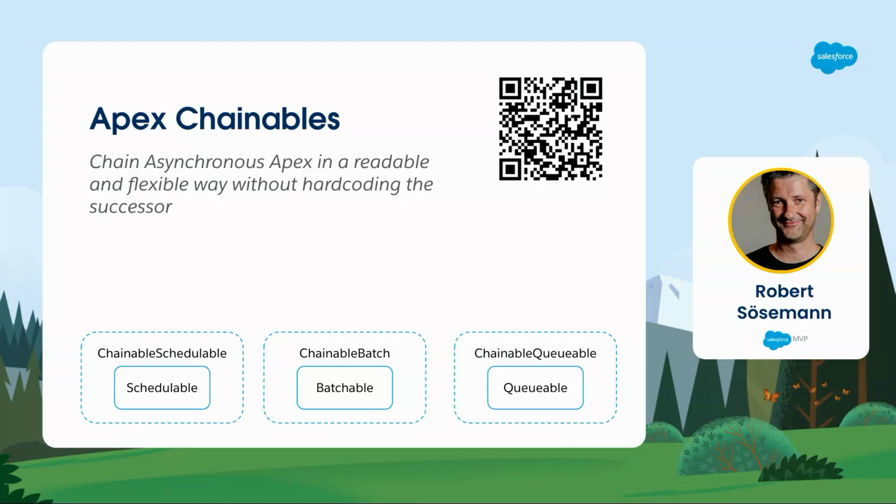One is to abstract the different ways of calling them. If you want to execute a batchable, you will call Database.executeBatch. If you're going to call a queueable, you will use System.enqueueJob. So we're going to abstract that, and that's what these classes will do.